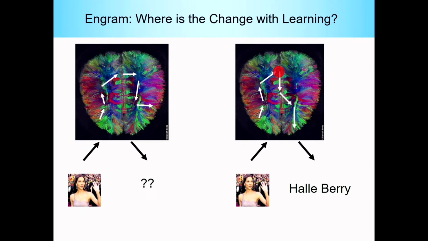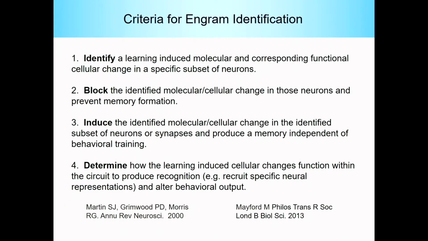And what we're really interested in when we say the engram, at least to my mind, is how this pathway gets converted to this pathway, with the assumption being this is a recognition area. And where is this sort of needle in the haystack? And how do we find that? And how do we know if we found that?